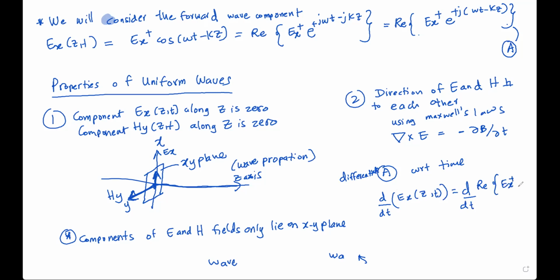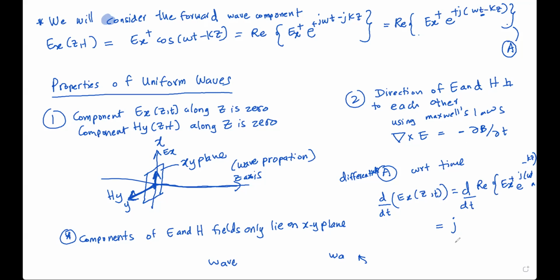So once I do that, I will be able to show that the differentiation with respect to time of this expression will be equal to an expression where, as you can see, the time variable is only available in this omega t term.